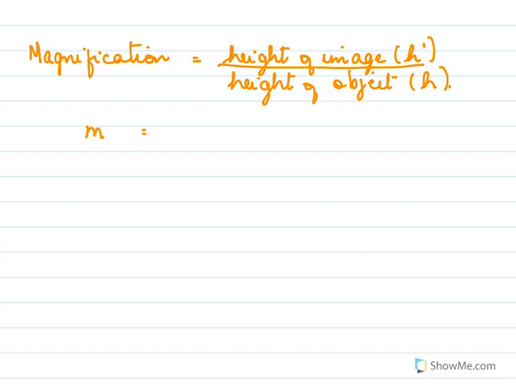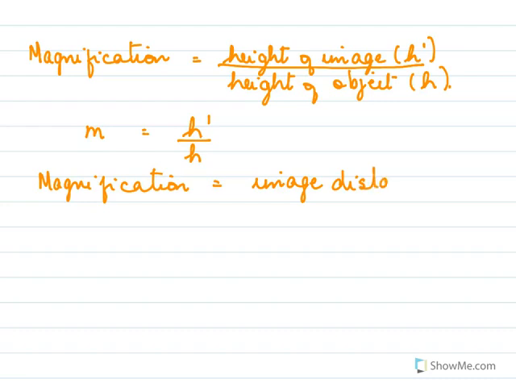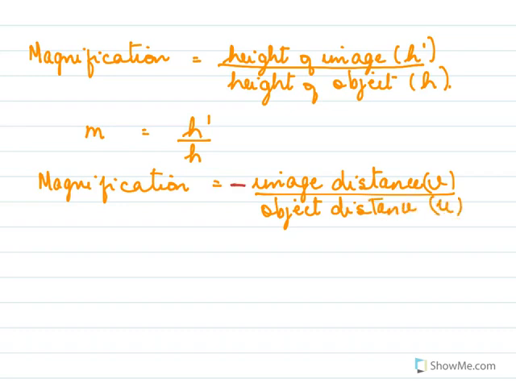So we write magnification m equals h dash over h. Now, magnification can also be expressed in terms of object distance and image distance. So magnification is also equal to image distance, which is v, over object distance, which is u, and there's a negative sign that you have to remember.